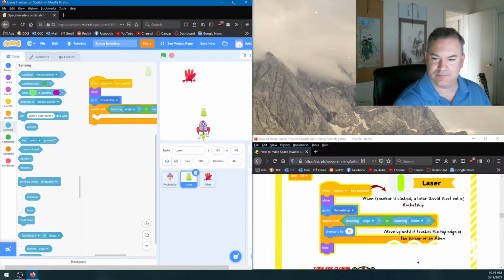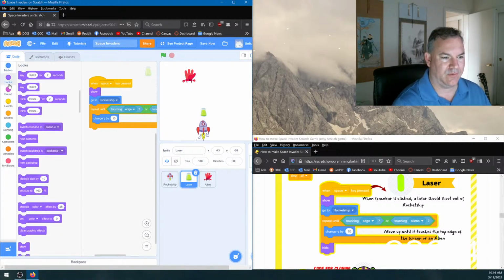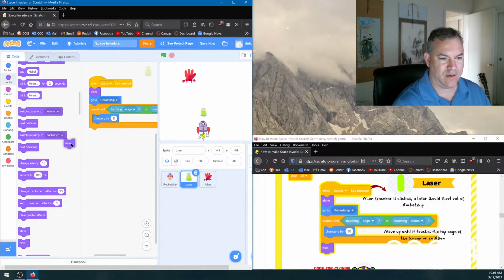Drag that in there. Repeat until, okay. So until it hits something, it will just move forward every frame. Change X by 10. Change Y by 10. Okay. And when it hits something, it will just hide itself.